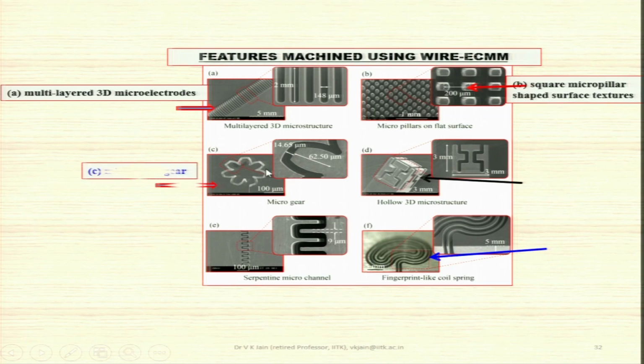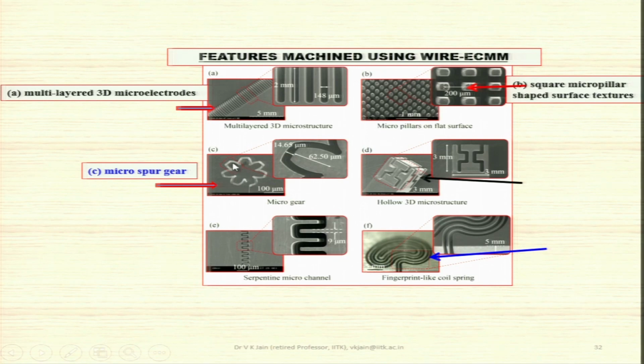Then you can see here an interesting micro spur gear that has been machined with the help of the wire ECMM process, and this is the scale of 100 micron. So you can slightly guess what the size of this gear should be.